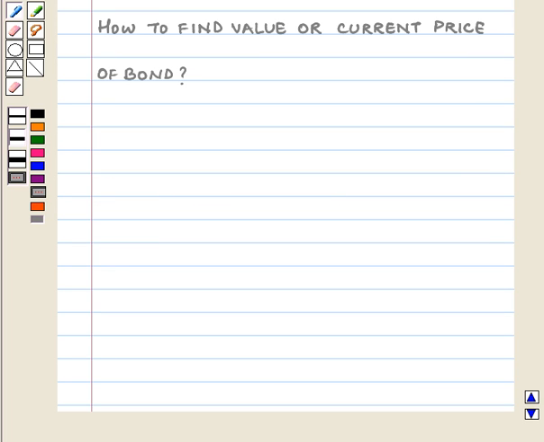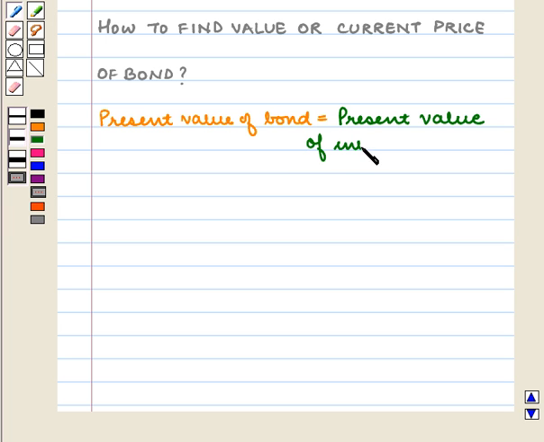Now we shall discuss how to find value or current price of bond. The present value of bond is equal to present value of interest payments plus the present value of principal payment.